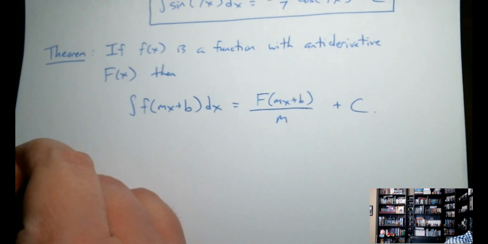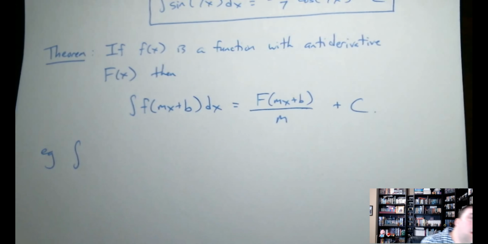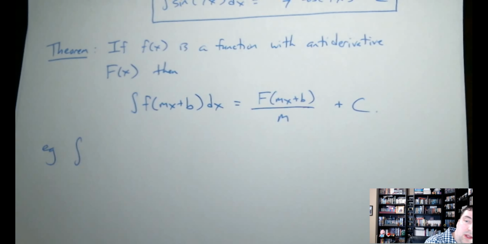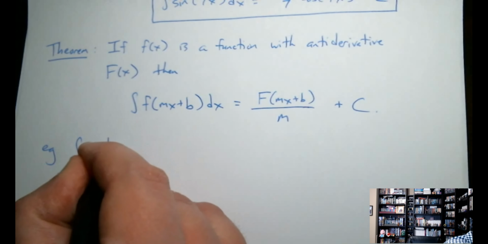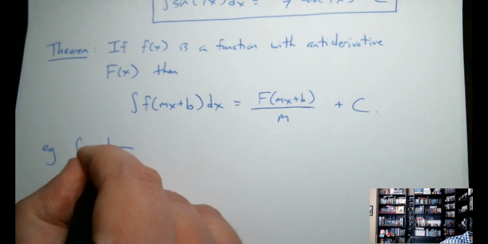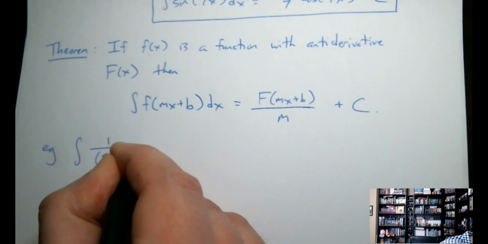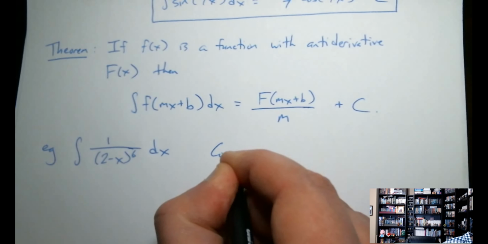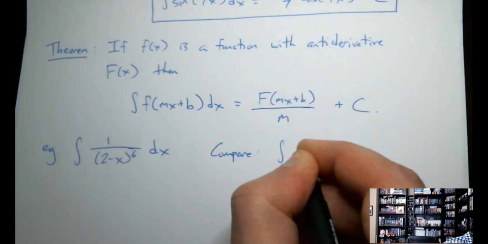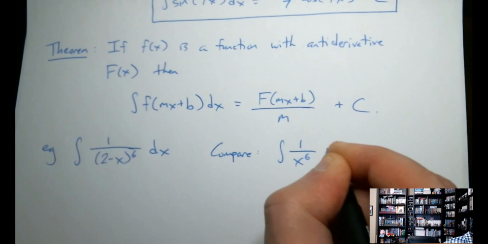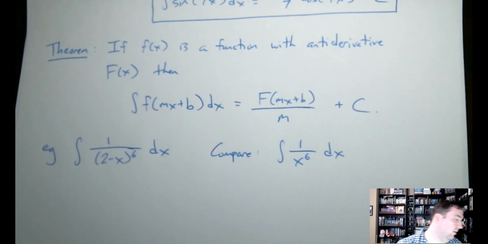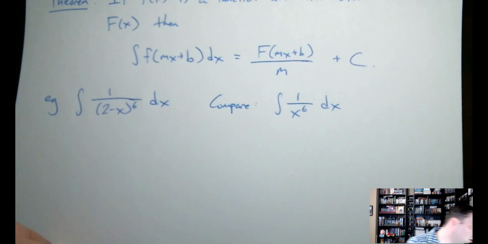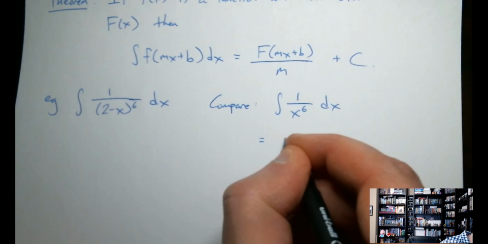So for example, suppose I wanted to work out the integral of, let's say, 1 over 2 minus x to the 6th. Well, that's an example of a linear composition, because we could compare that to just the integral of 1 over x to the 6th, which you might find useful if you rewrite that as a proper power.